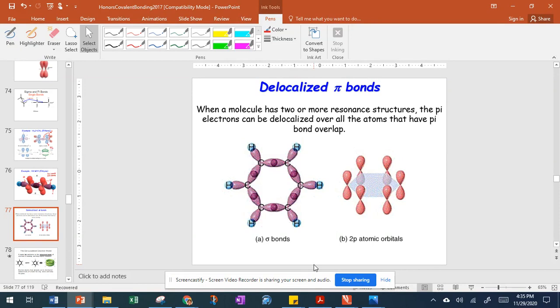Okay, so now let's compare this to benzene. So remember, benzene has resonance. If you remember, benzene has alternating double and single bonds in the molecule, so we drew it like this, with the hydrogens off of it.